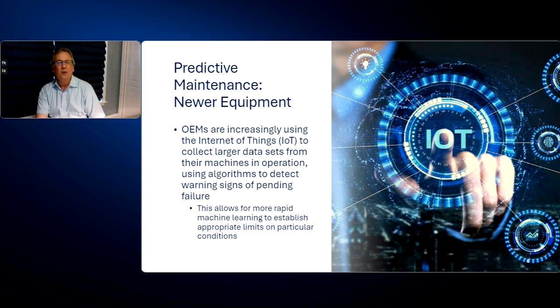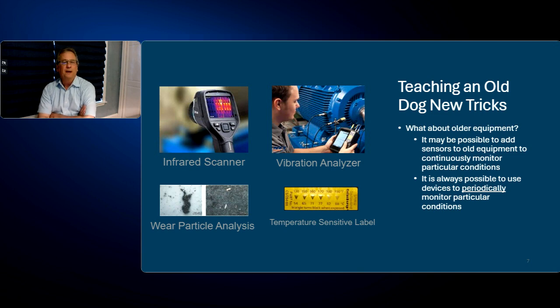Just be aware of it as you get into it. There may be some surprises. So that's where the Internet of Things comes in, letting us collect larger data sets very quickly and get to defining what the requirements or the limits are for each condition. So that's the new equipment. What about old equipment? Teaching an old dog new tricks.